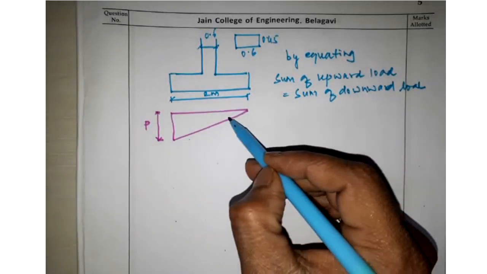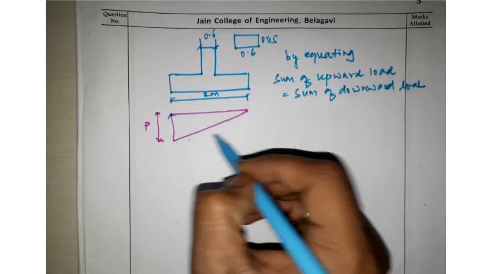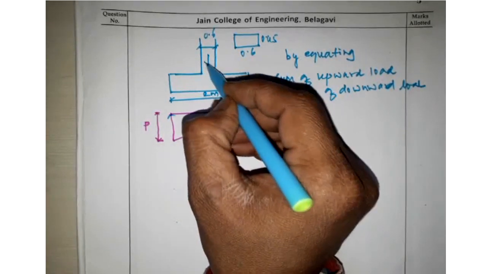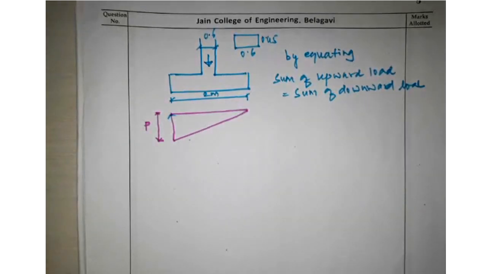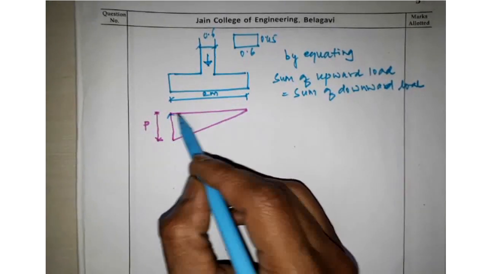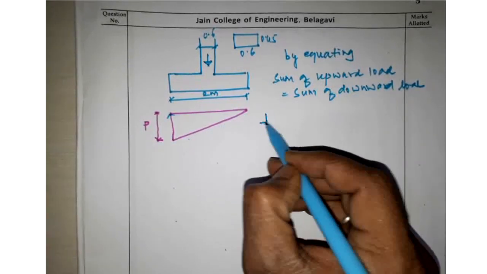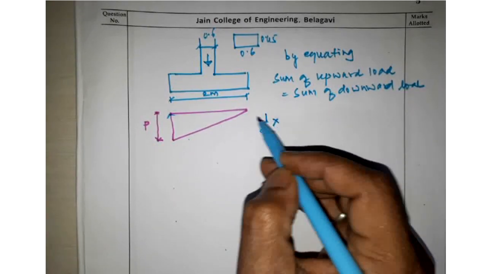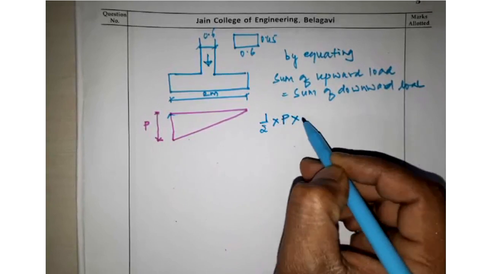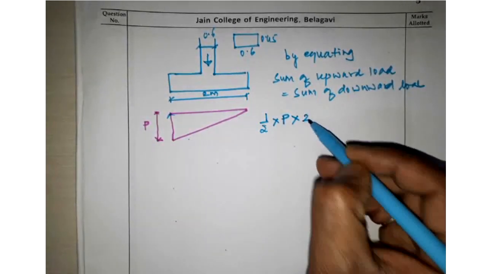So this is upward, this is upward, and this is downward load acting through the footing. Okay, so for this we have to consider the area. So summation of upward load, half base times height is P, base is 2 meter.